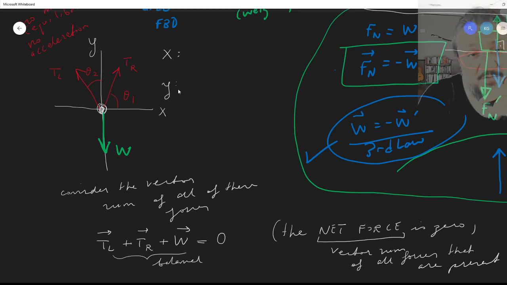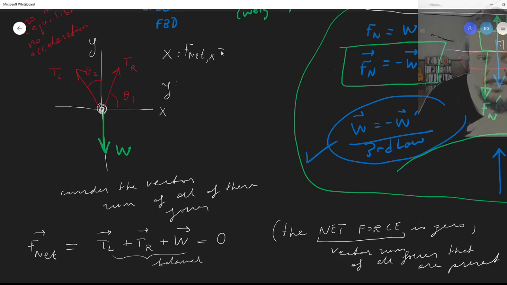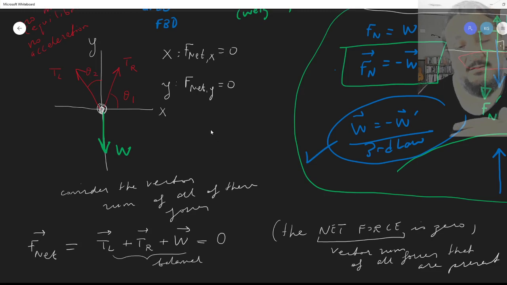So if I want to write the x component of the net force, let's call it F net here, F net, which is equal to TL plus TR plus W equal to 0, that means that F net has an x component that is 0. Similarly, F net has a 0 y component. All right?